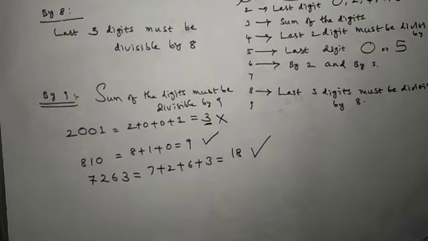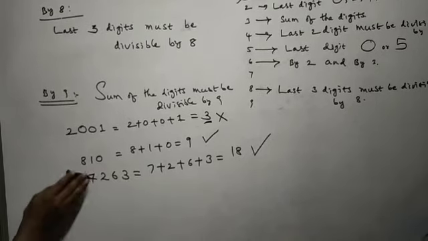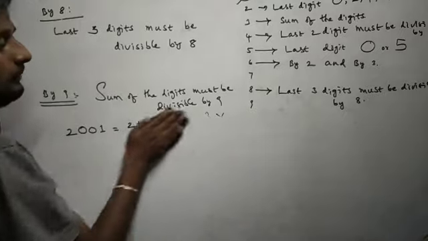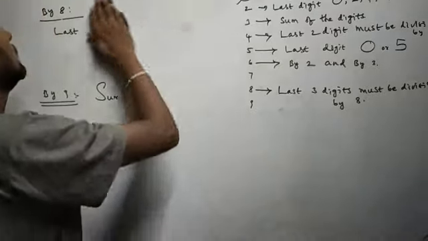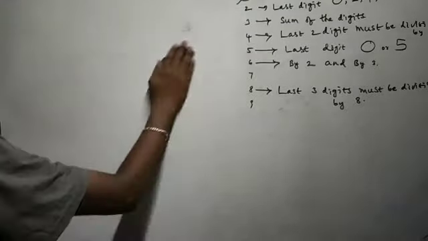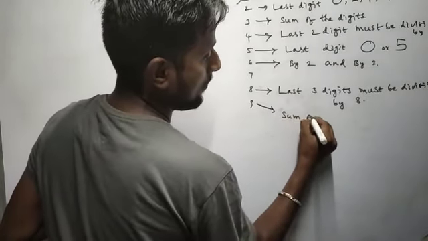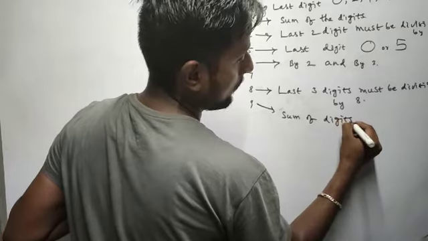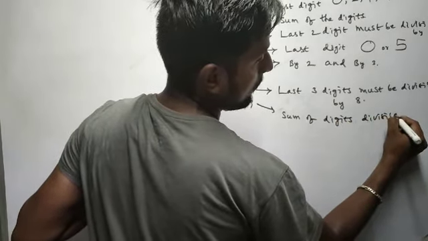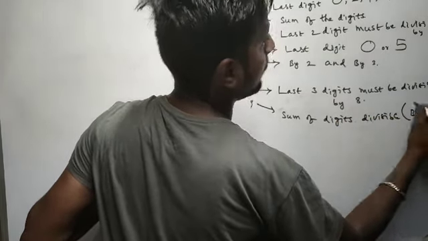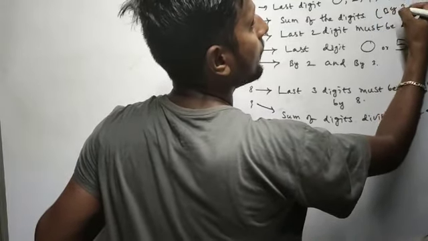That is the divisibility rule of 9: the sum of the digits must be divisible by 9, then the number is also divisible by 9. So write: sum of the digits divisible by 9, with 9 in brackets. Here I have not written 3. Okay, only 7 is left.